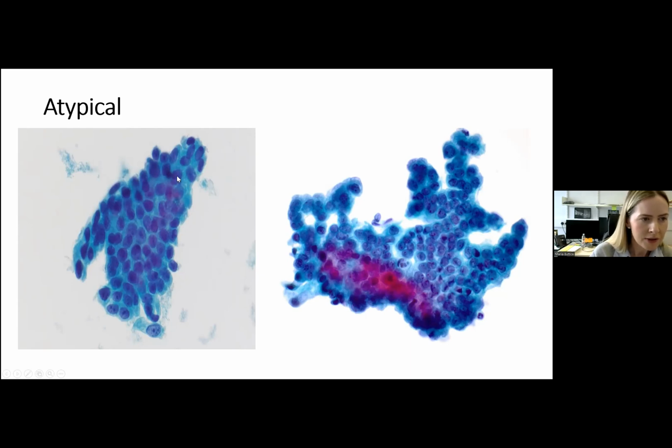Here we have some mild nuclear overlapping and some nuclear irregularities. We've got oval-shaped nuclei and more round-shaped nuclei, but our background does not contain either inflammatory cells or necrosis. The chromatin is not coarse and there aren't prominent nucleoli. So in the case of an atypical category, the patient would require a repeat biliary brushing or FNB.